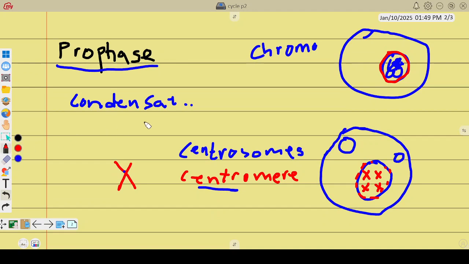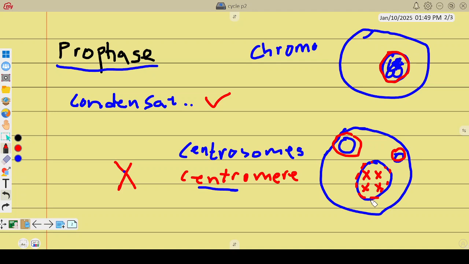These are the events that take place under prophase. Let's quickly go through. Firstly, condensation, we're able to see the chromosome structures, and then the centrosomes appear in the cell, and from there the nuclear envelope will disintegrate, or break down.